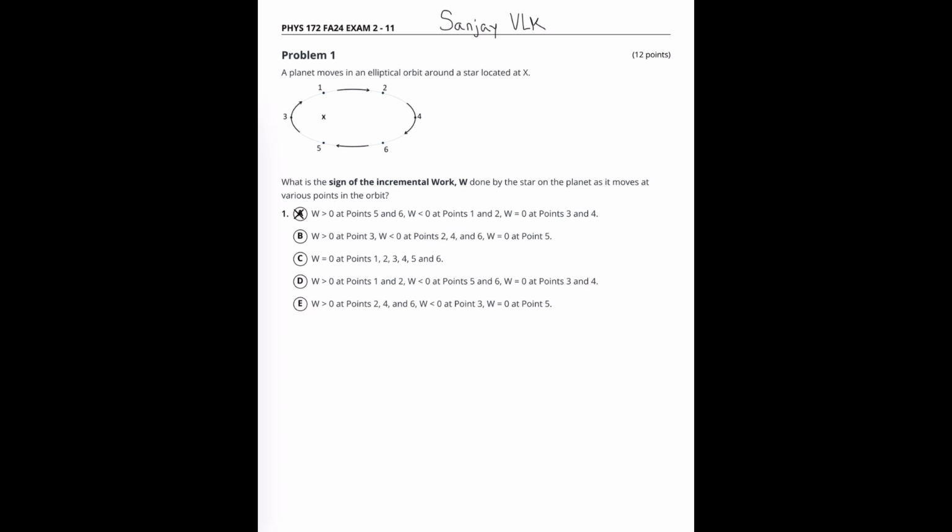So our system is our planet, and our surroundings are the star at X. Now that we have that, we can say the change in energy of the system is equal to the work surrounding.